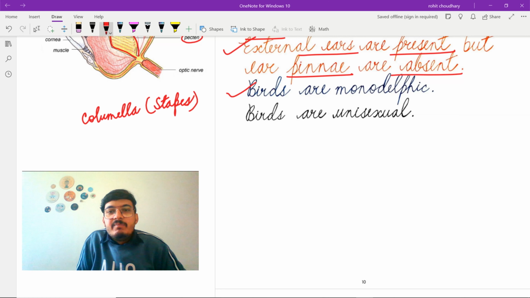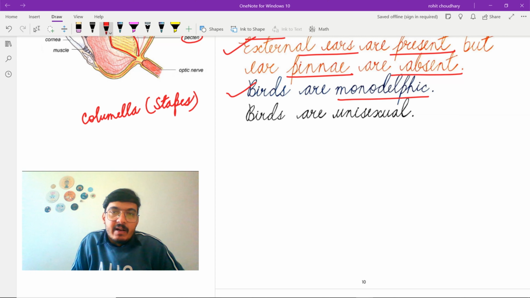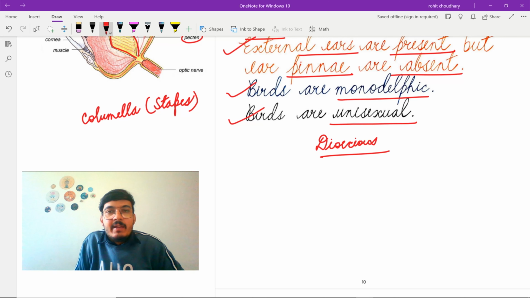The next feature is that birds are monodelphic. Monodelphic means only one ovary and oviduct is functional in females, and that one is the left ovary and left oviduct. And birds are unisexual, also known as dioecious, and sexual dimorphism is well marked in them.